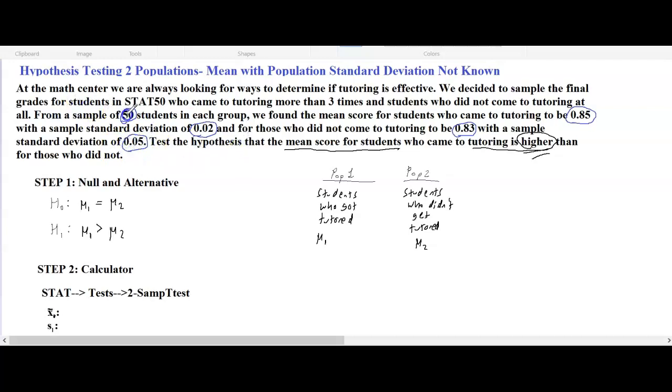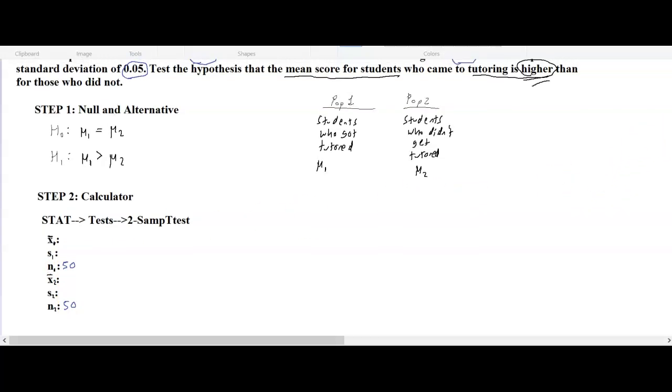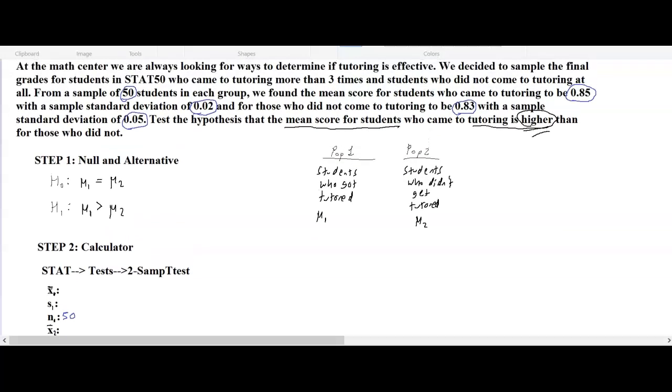So it says from a sample of 50 students in each group. So that's our sample size, and it says it's for each of our groups. So that means those are our n's. So we could have 50 students from the first population and 50 students from the second population. That doesn't always have to be the same. In many cases, you might have a different sample size from each group depending on your experiment and what kind of volunteers, participants you could get for that experiment.